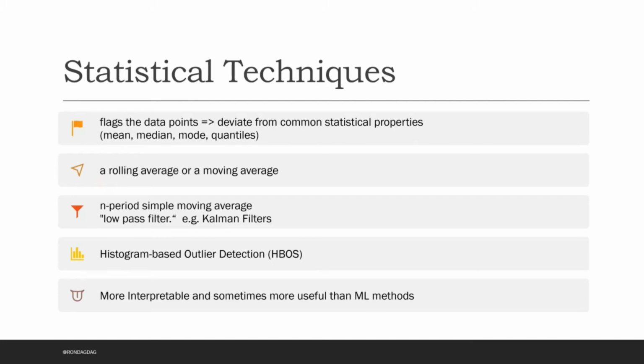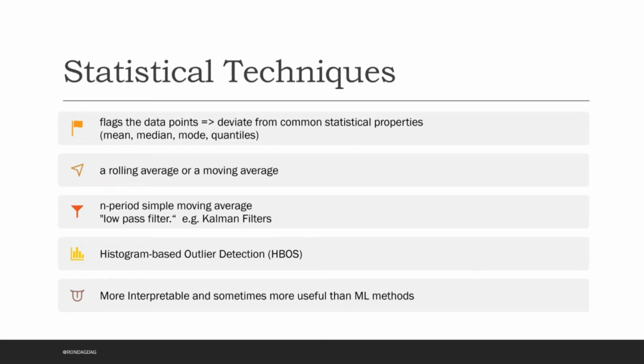Even sensors these days may have some low pass filter, for example, some Kalman filters, to reduce the noise. And noise is considered an anomaly, right? It could also be histogram based or outlier detection. The advantage of statistical techniques is it's easy to show the formula to someone and interpret it, as compared to a machine learning method.